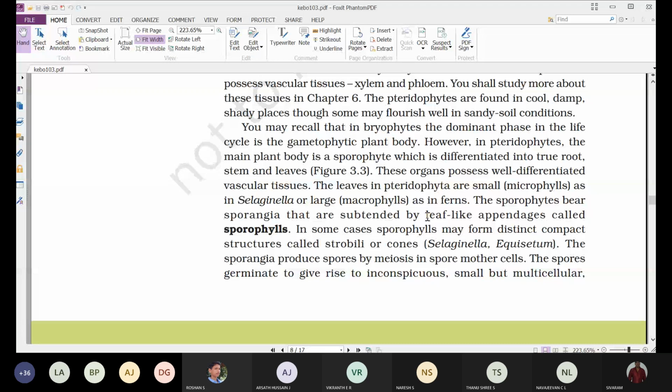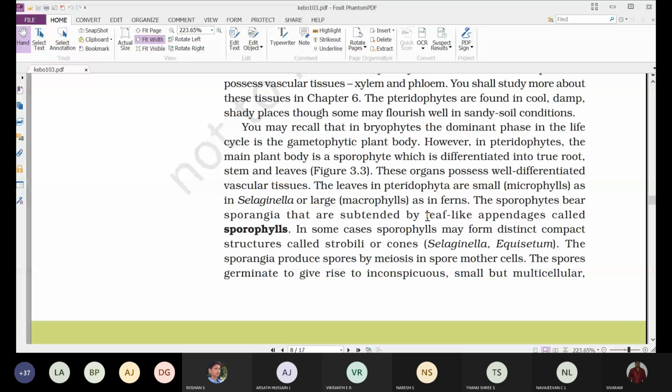Something you have to remember: the term phyll refers to leaf. Micro represents small leaves, as observed in Selaginella.